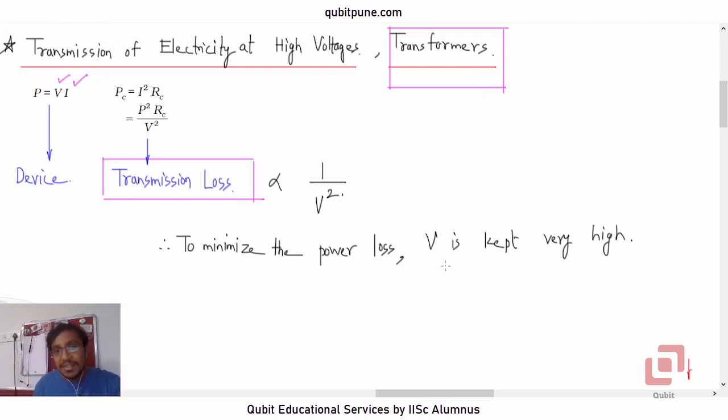So when I say that V is kept very high, what I mean is, when you are getting the electrical power from the generator to your substation transformer, the voltage is very high, and then you are going to step it down. So V is kept very high doesn't mean that your device voltage is high. This V is what we step down later using a transformer.